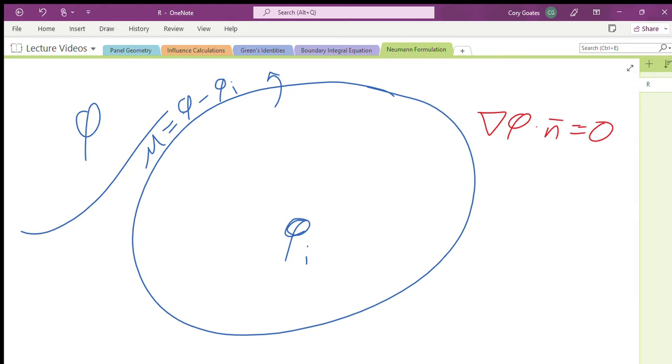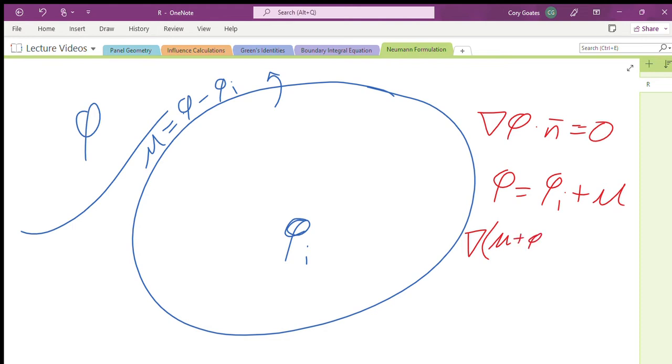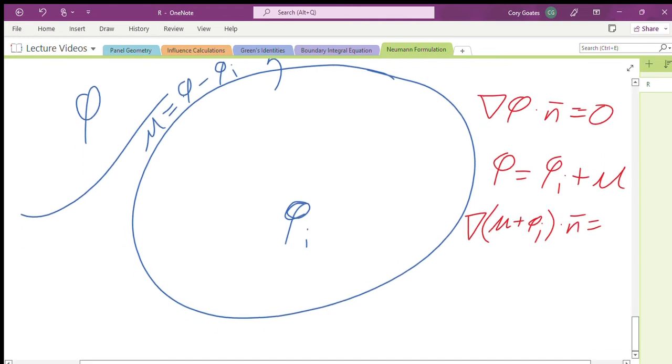Well, let's think about what phi is on the surface. Phi on the surface is phi inner plus mu. Okay? And so what we've really said is I want grad of mu plus phi inner dotted with n to be equal to 0.